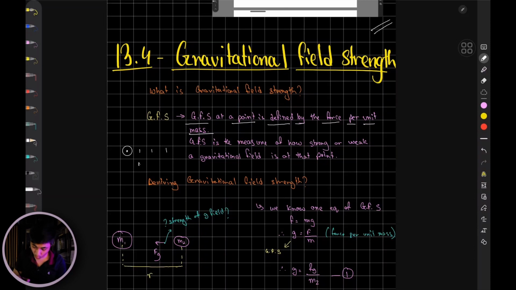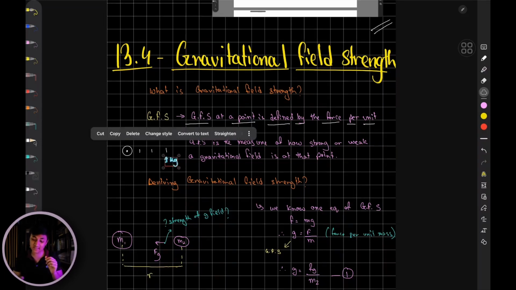If I have a 1 kg object over here, 1 meter away from the point mass, what is the force going to be? And at 2 meters away? And at 3 meters away? On, mind you, 1 kg of mass, because we are talking about gravitational field strength per unit mass.